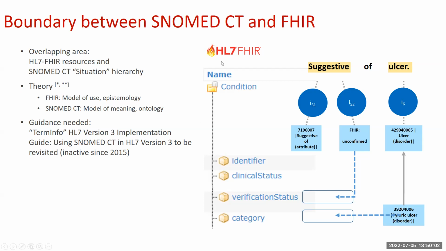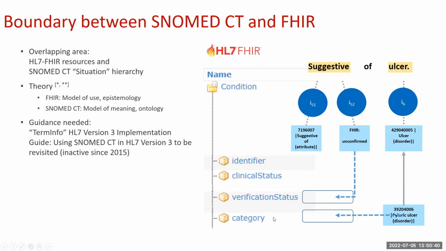For instance, we have something like this here, suggestive of ulcer, from that previous example. Of course, you can express suggestive with an attribute, but we can also use FHIR and unconfirmed in FHIR condition, which would then be a value of the attribute verification status.